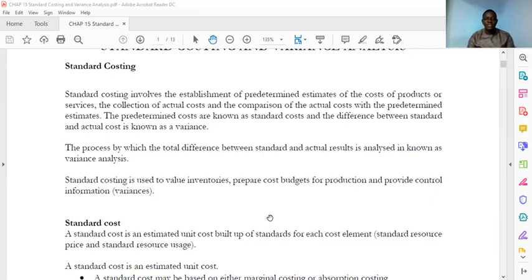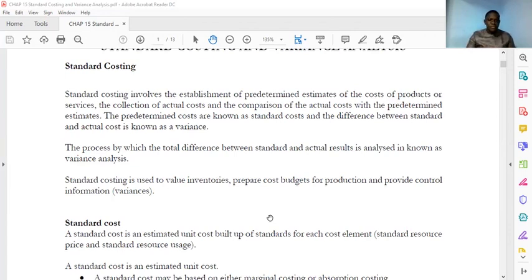Standard costing is used to value inventories, prepare cost budgets for production, and provide control information. Control information in the form of the variance analysis, because we try to know what is causing the difference between the planned or the predetermined cost and the actual.